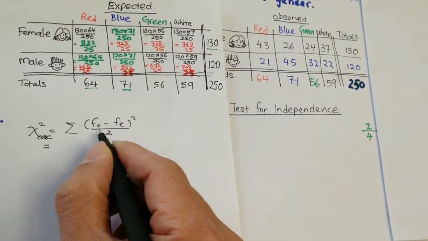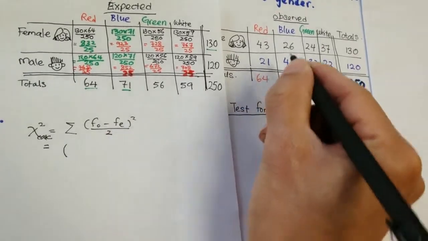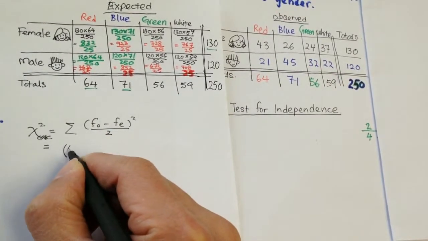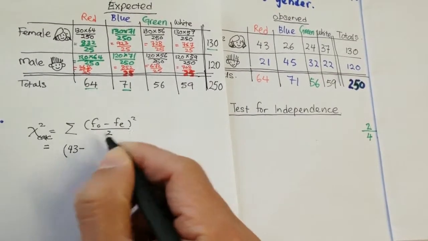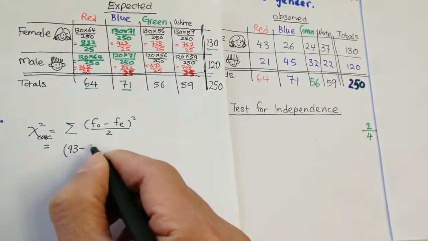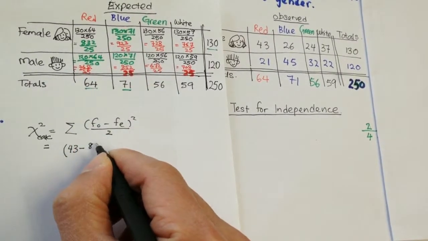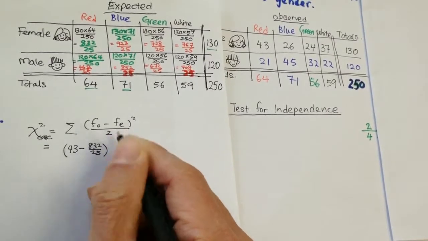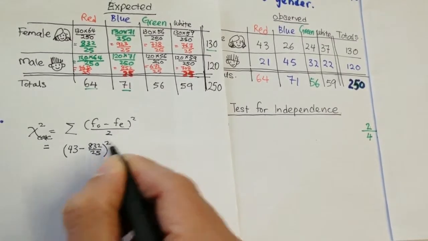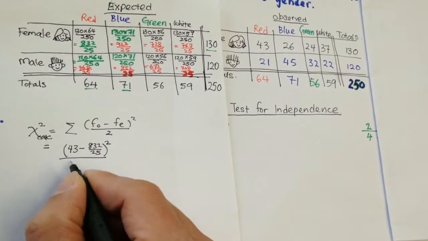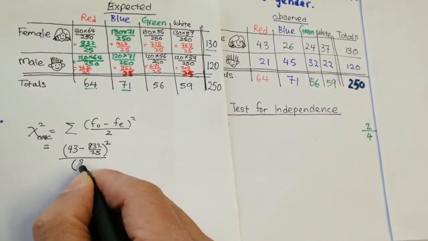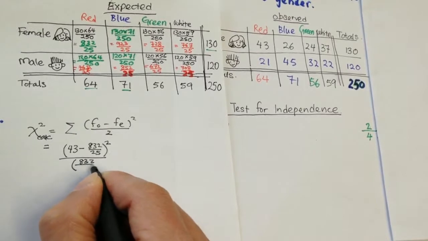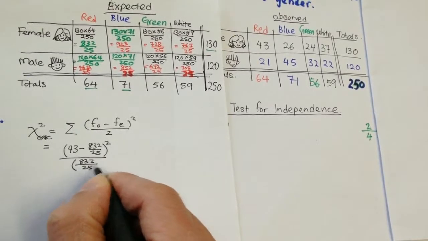The first observed value, red and female, is 43 minus the expectation of female and red, 832 over 25. Observe that I keep the fractions so that I get as accurate an answer as possible.